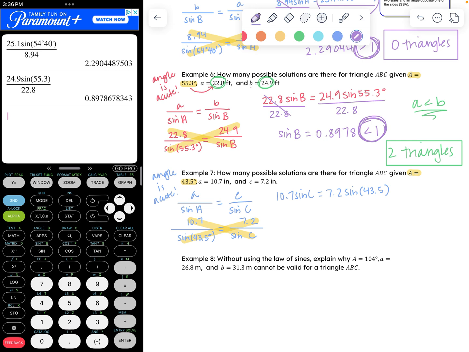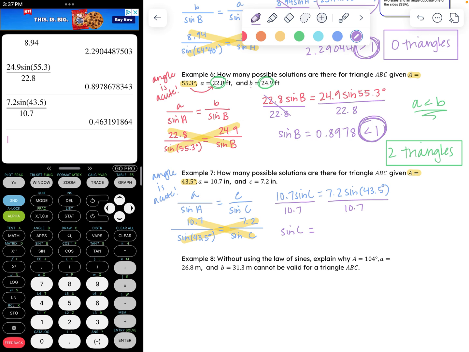And then I need to divide by that 10.7. So the sine of C is equal to 7.2 sine of 43.5 degrees over 10.7.